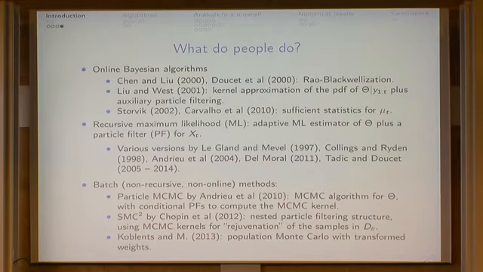Now, the problem is quite straightforward. I mean, it's quite natural. So people have been working on this for many years and proposing all kinds of solutions. Maybe not the oldest one, but one very well-known algorithm is from Jane Liu and Mike West from 2001.